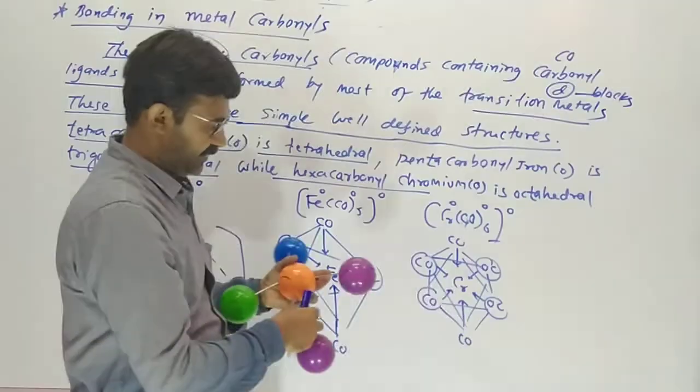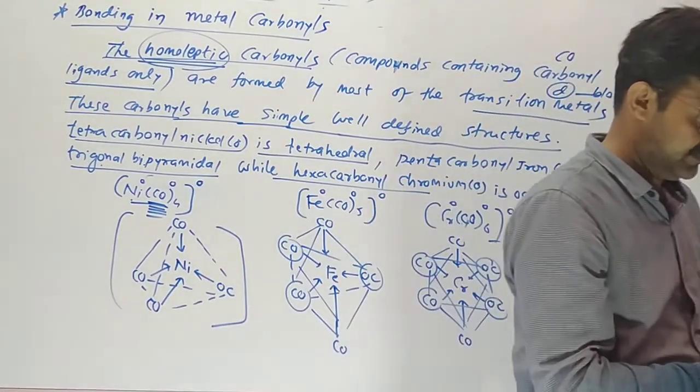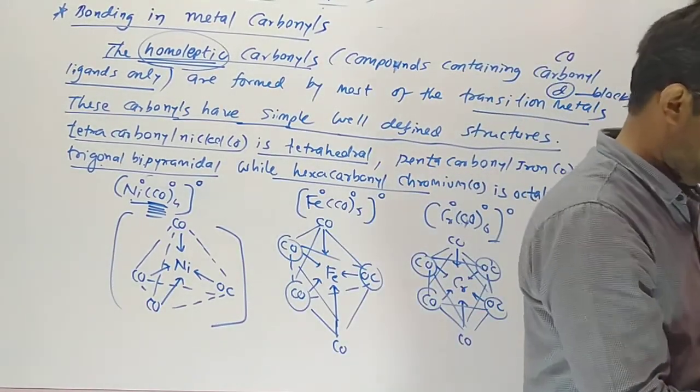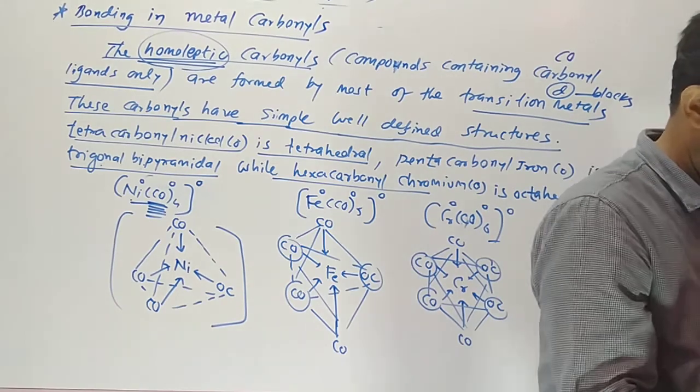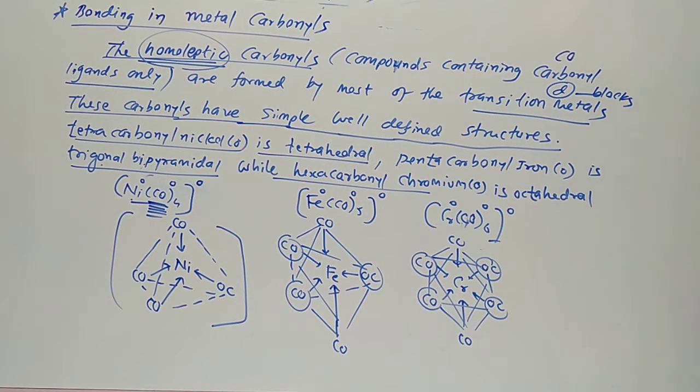Now what about trigonal bipyramidal? 3 are on the same plane and 2 are perpendicular to it.